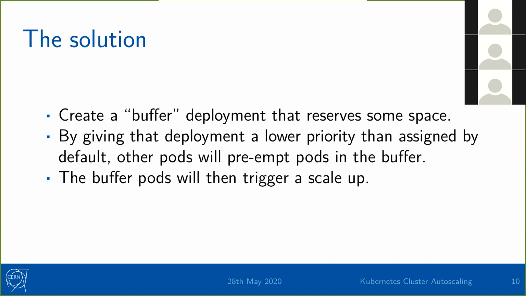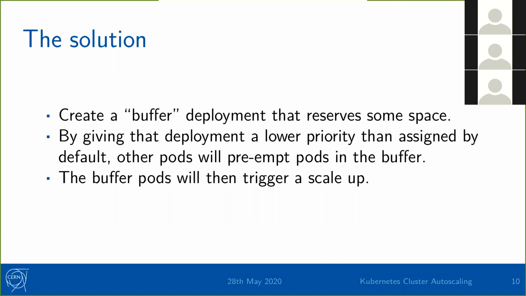And we can instead make a deployment that has pods with negative priority, so that when an actual pod comes along that we want to be scheduled, like this Nginx pod, the scheduler will see that the more important pod should be scheduled, and it will terminate one of the buffer pods to make the room.